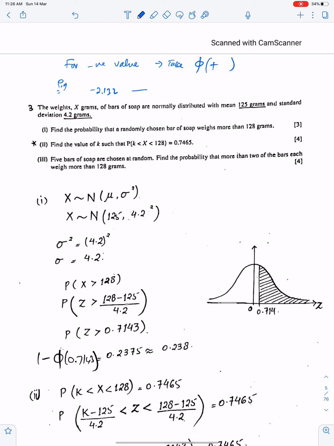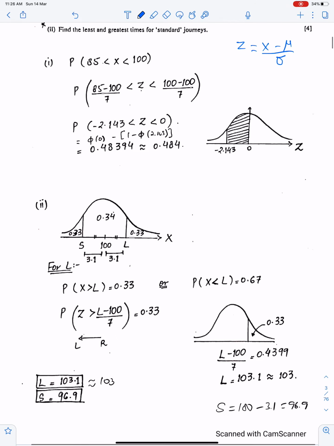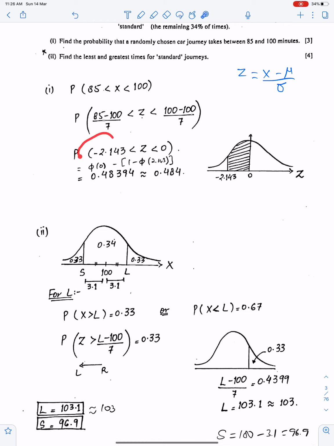So this will be 1 minus phi positive. Now this is very important. Take positive number. We did this concept here. See, this number was negative and I wrote this as positive because this is the numerical value. So we always consider numerical value as positive for phi.